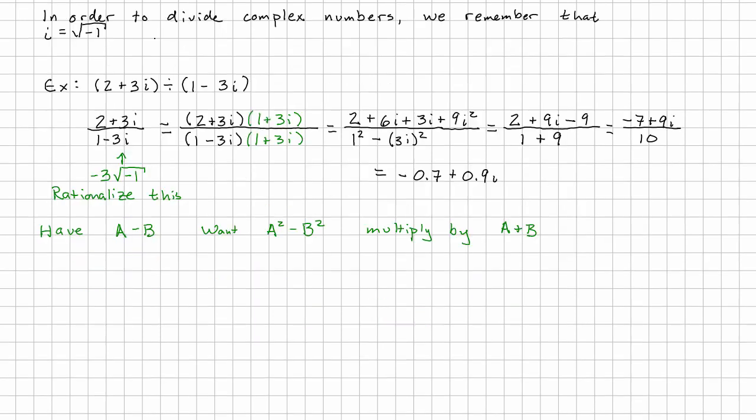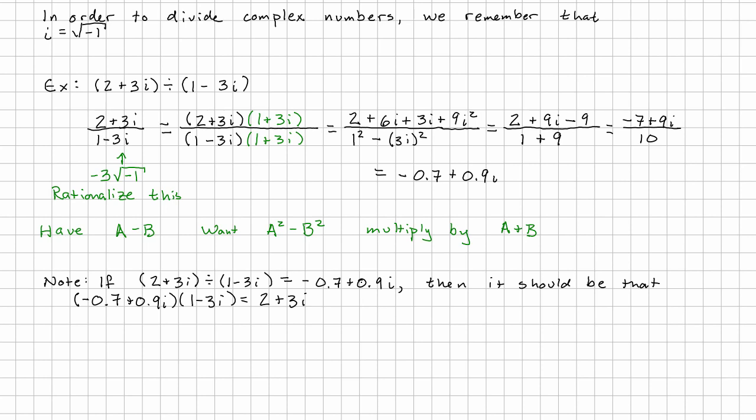What does it mean to say that we've accomplished that division? Note, if 2 plus 3i divided by 1 minus 3i is -0.7 plus 0.9i, then if I take my quotient and multiply it by my divisor, I should get my dividend back. Let's confirm that that really happens.